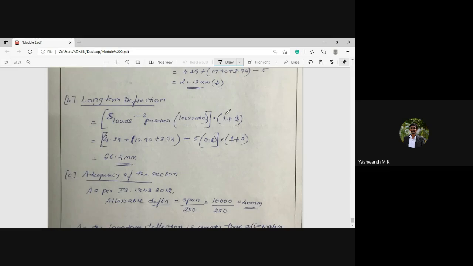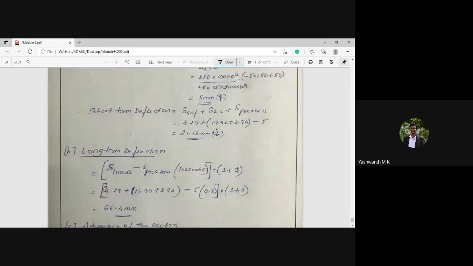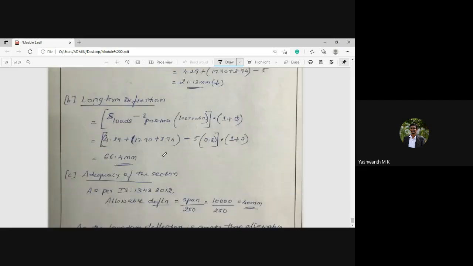Now let me check whether these deflections are within the permissible limit or not. So now, adequacy of the section. Allowable deflection: as I stated, without considering the effect of creep and shrinkage, it will be span by 300. Considering creep and shrinkage, it will be span by 250.